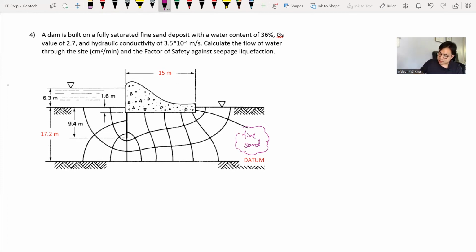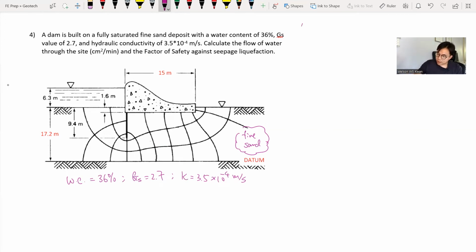We know for the sand, it has a water content of 36%, and a specific gravity of 2.7, and the hydraulic conductivity is equal to 3.5 times 10 to the -4, so a typical sand range right there for hydraulic conductivity. So all this information is given. Now you are asked what is the flow of water in terms of centimeters squared per minute.